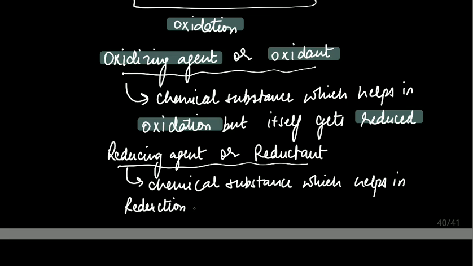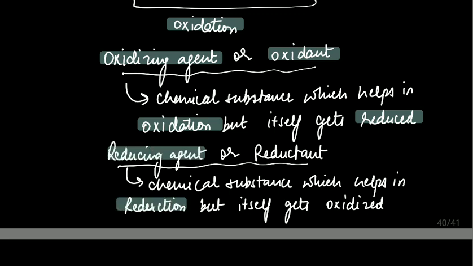Its job is to help in reduction, but itself gets oxidized. So it's opposite. The reducing agent helps in reduction, but itself gets oxidized, and the other name that we have is reductant.